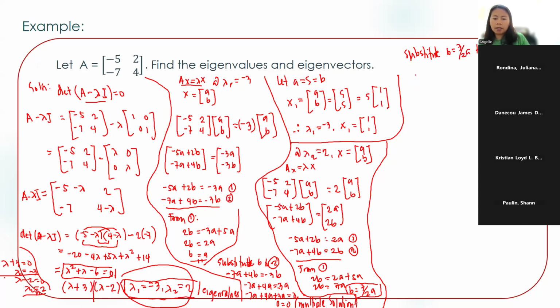Equation 2 is negative 7a plus 4b equals 2b. So, substitute b.